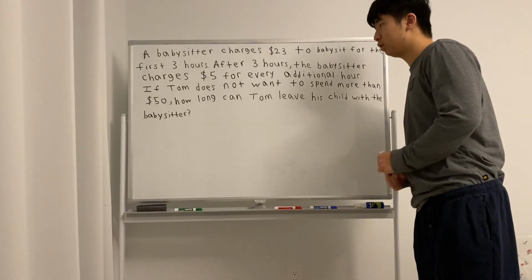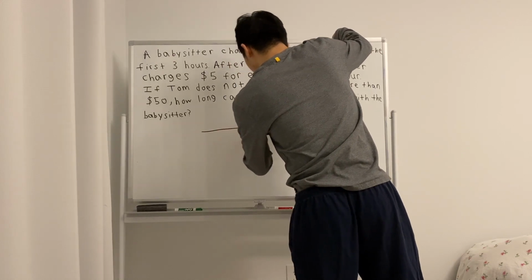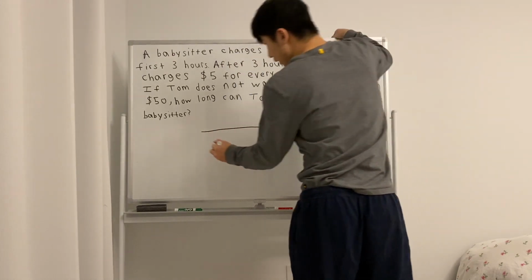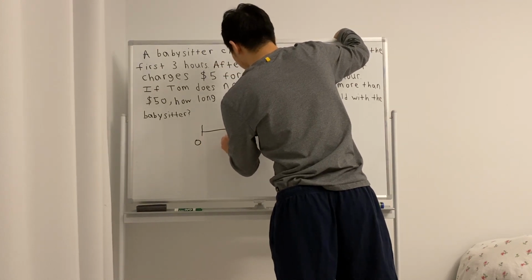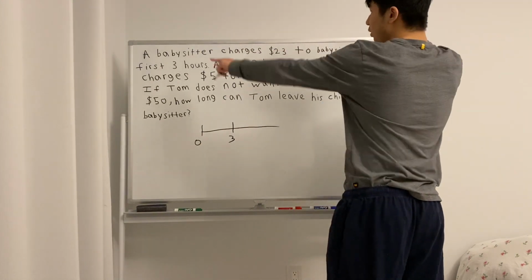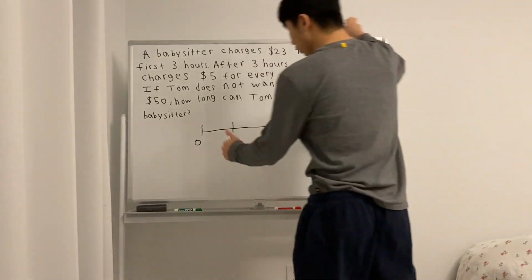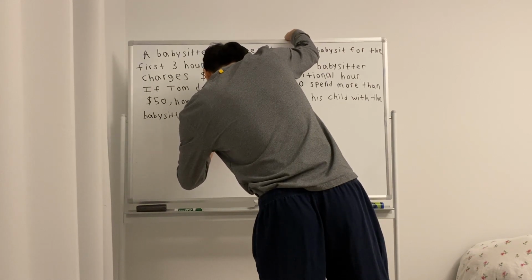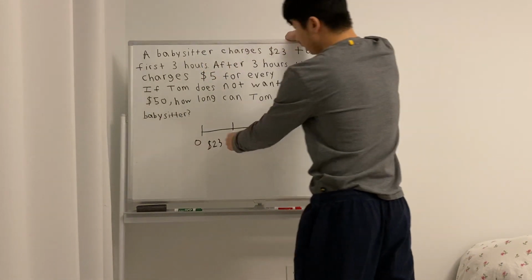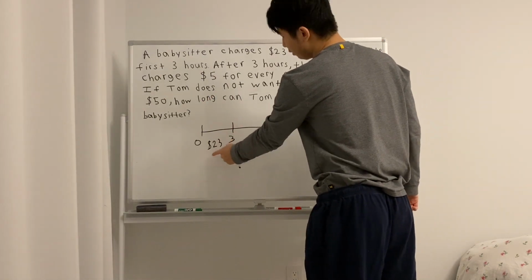So the first thing I'm going to do is draw a number line. I'm going to say this is hour 0, and this is hour 3. I know that the babysitter charges $23 to babysit for the first 3 hours, so I'm going to say $23, because the amount the babysitter charges for the first 3 hours is $23.